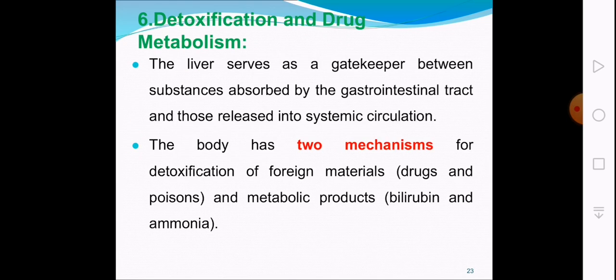Detoxification and drug metabolism. The liver serves as a gatekeeper between the substance absorbed by the gastrointestinal tract and those released into the systemic circulation.